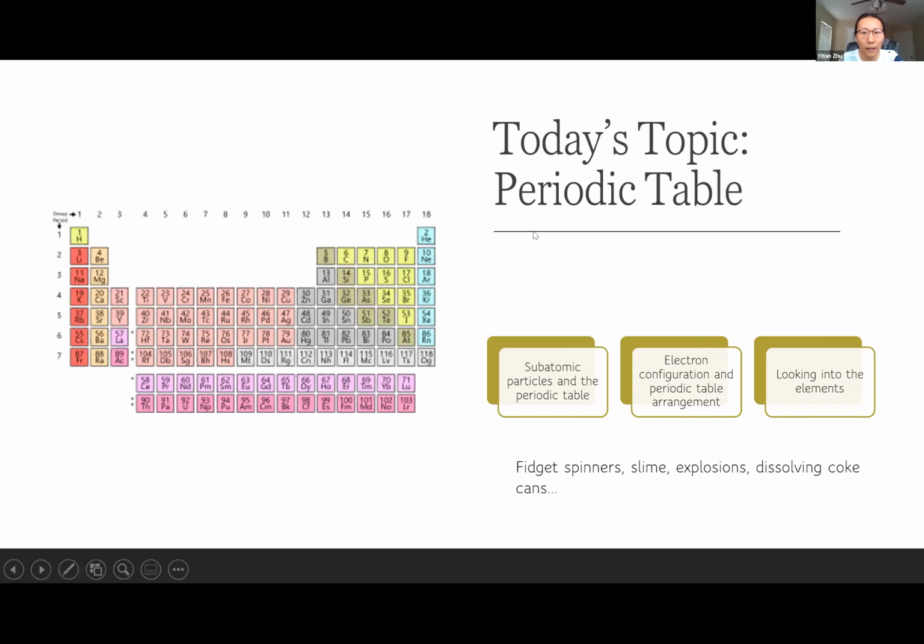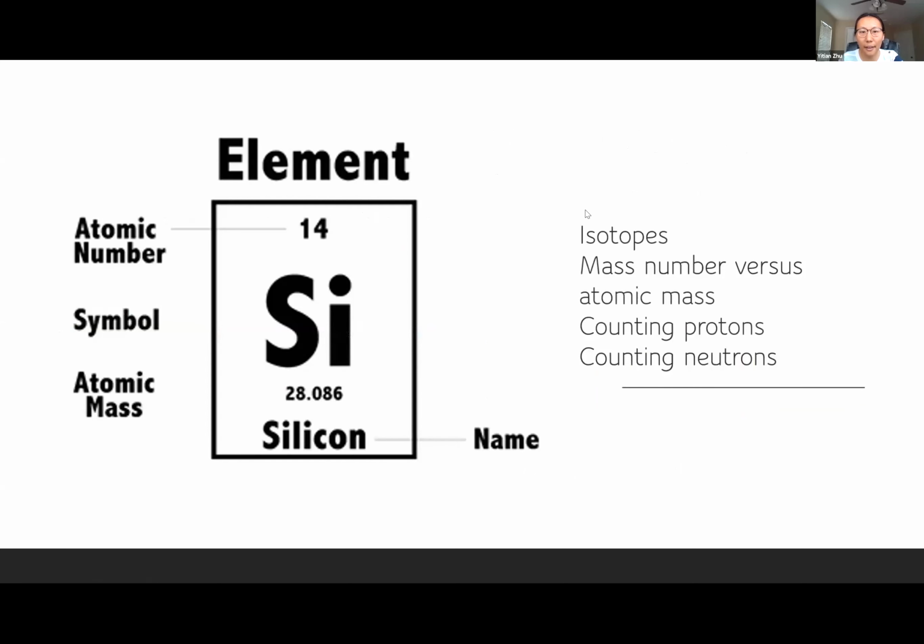So let's start with learning how to analyze every element symbol. The element symbol looks like the thing on the left. The atomic number is the number of protons in that element.